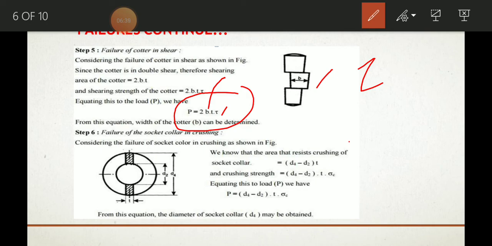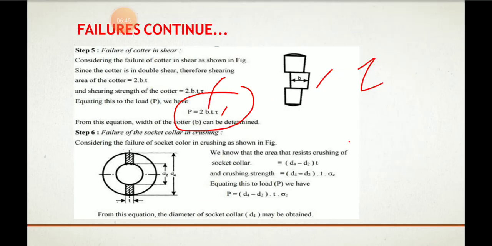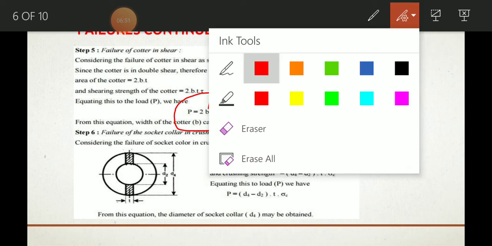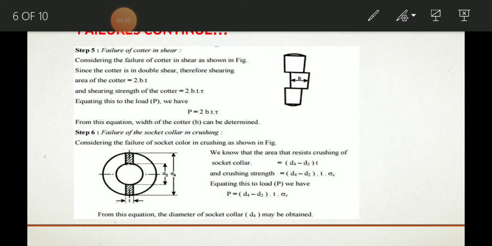Next, failure of the socket collar in crushing. Remember, whatever parts are there in the entire assembly of the quarter joint, we have to analyze every part and calculate its strength, either tensile or crushing. So here we calculate the failure of the socket in crushing.